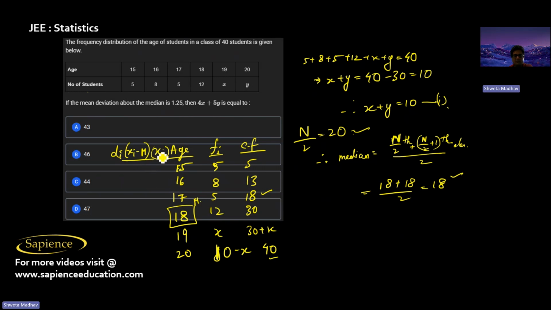So the mean deviation about the median will be equal to summation fi into mod of xi minus m, divided by n.